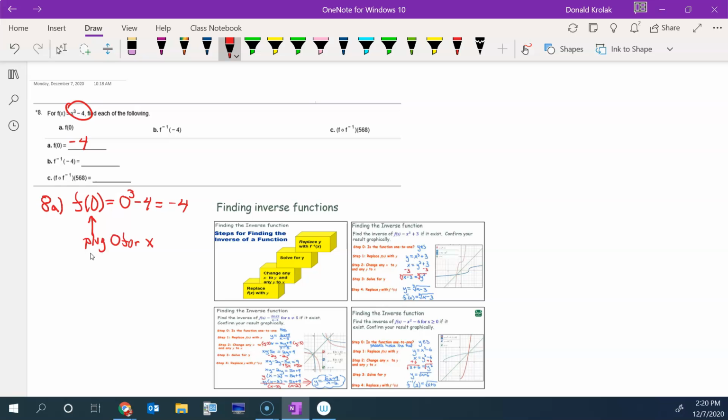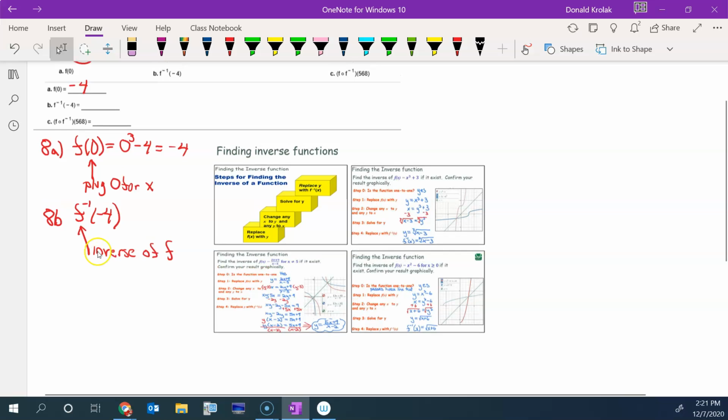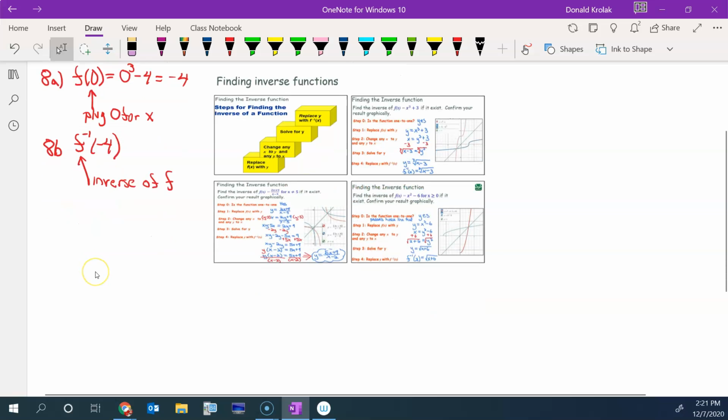Now part B is the inverse of f. What that means is you first have to get the inverse. When I see this, it means the inverse of f. So I'm going to take function f and write its inverse first.